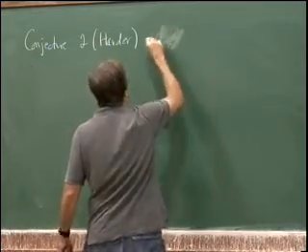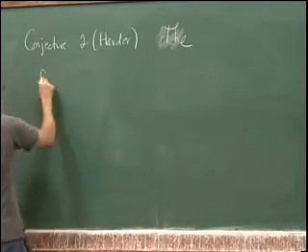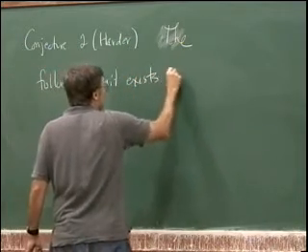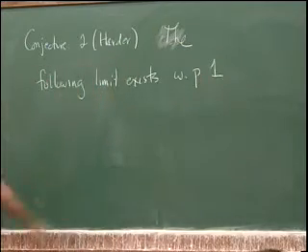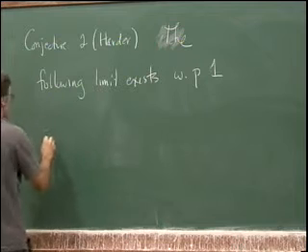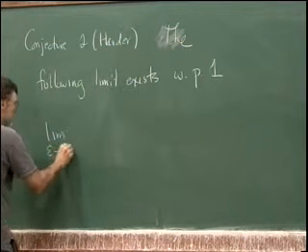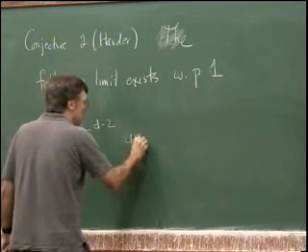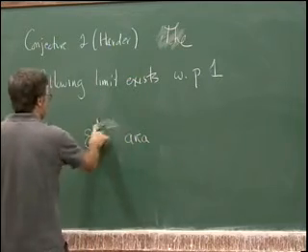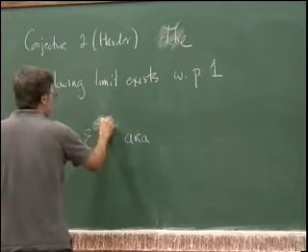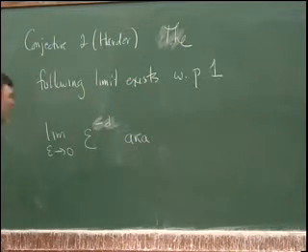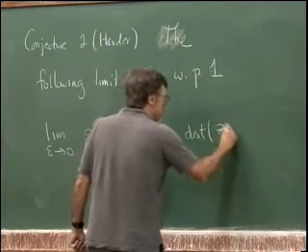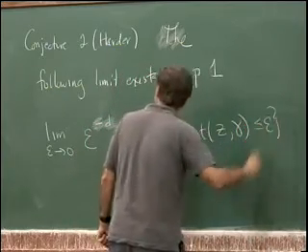The following limit exists with probability 1: the limit as epsilon goes to 0 of epsilon to the minus d times the area of the set of z such that the distance from z to gamma is less than or equal to epsilon.